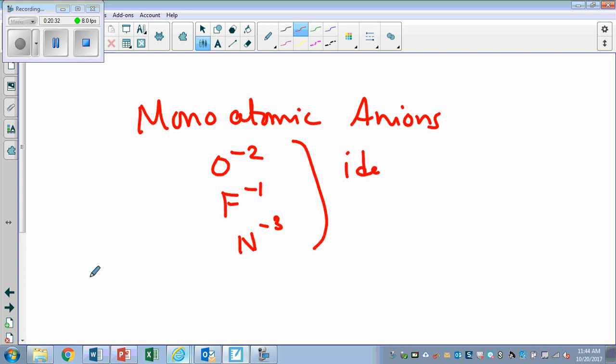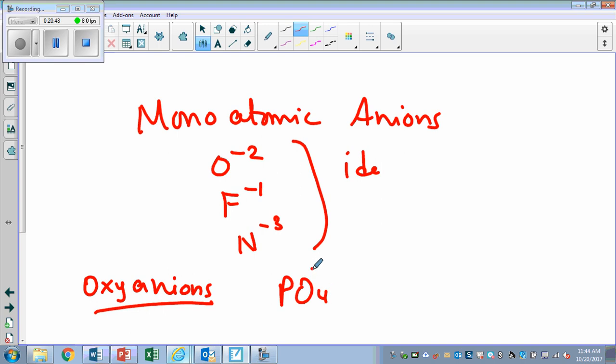But the oxy anions, these are the anions that have an oxygen atom attached to them and they have a charge. They end with "ate" or "ite."